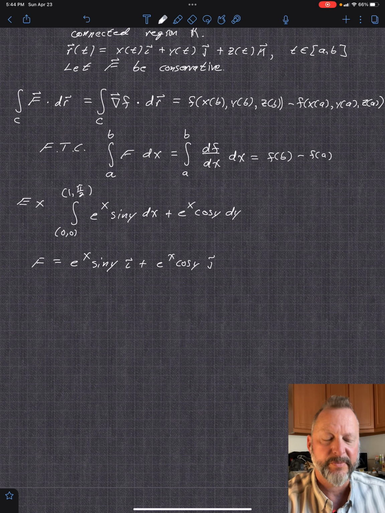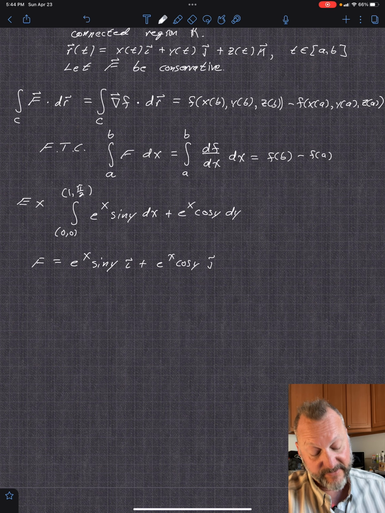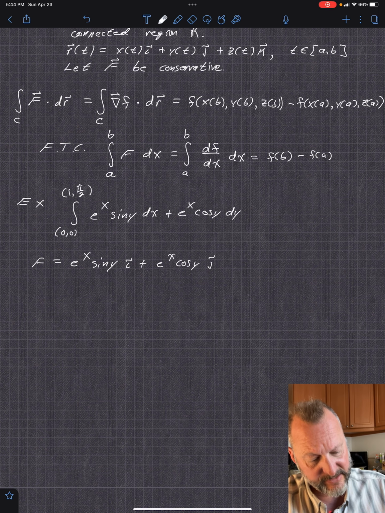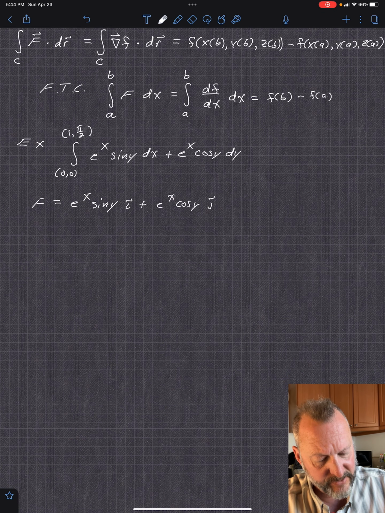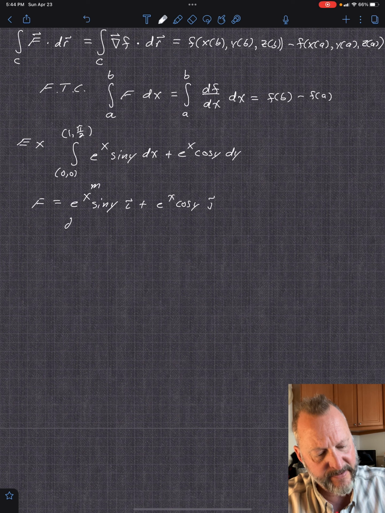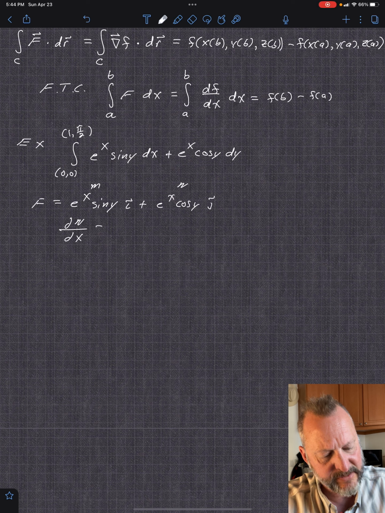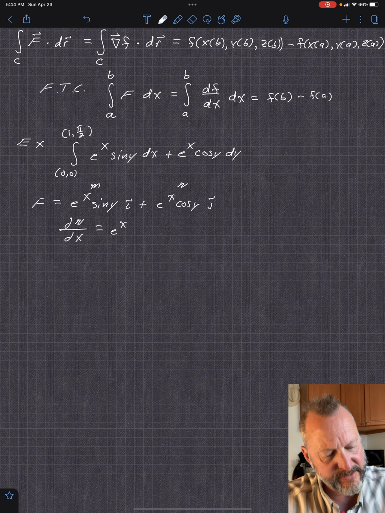So it would be in 2 dimensions. So first of all, is that conservative? And it is, because this is just 2D. So if you look at the partials, this is M, this is N. So partial N with respect to x would just be e to the x cosine y.